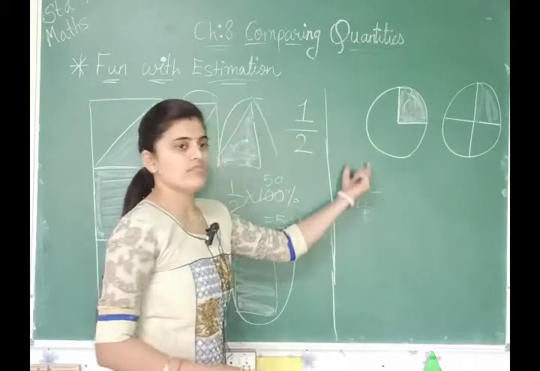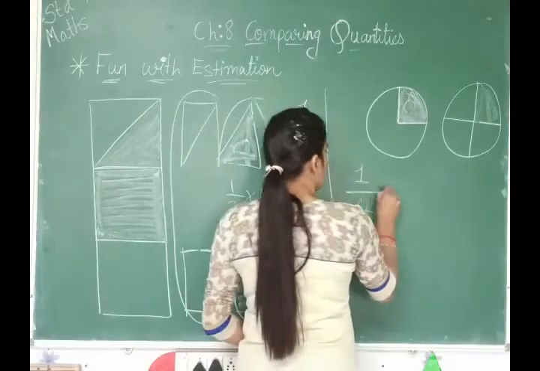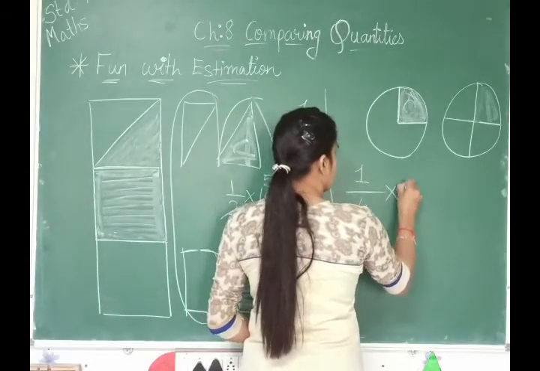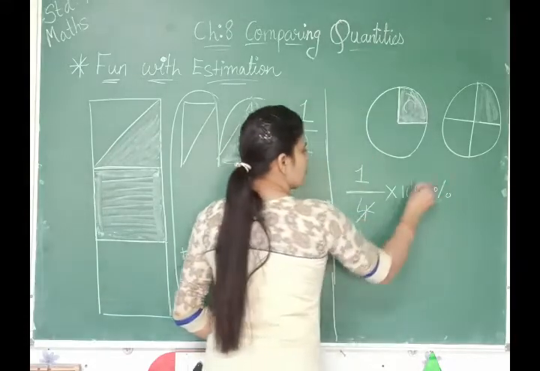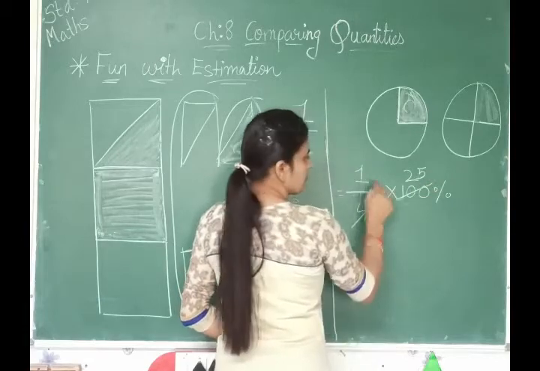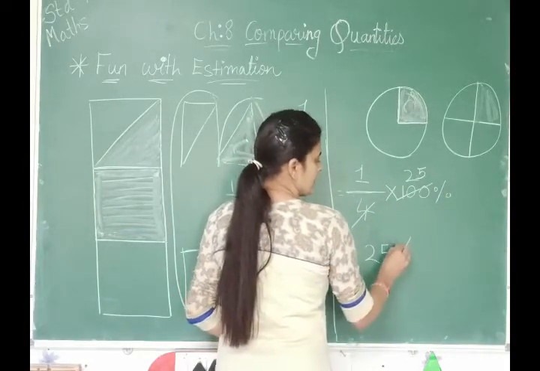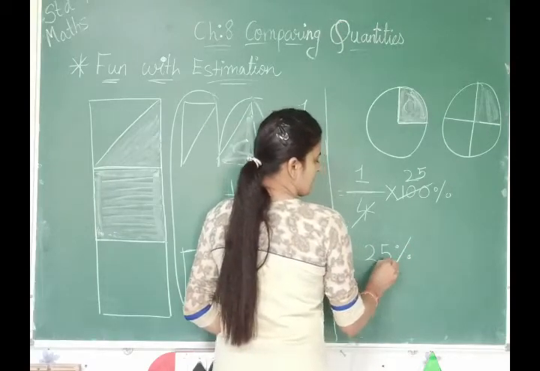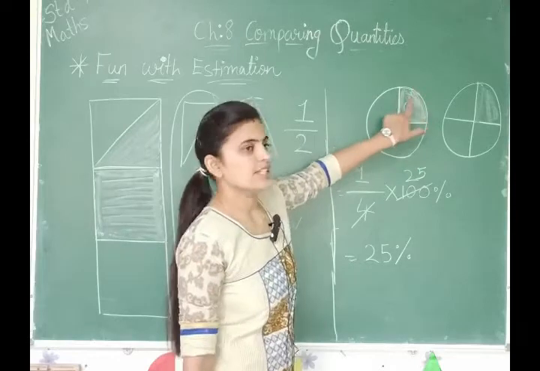So the fraction will be 1 by 4. What we will do? We will multiply it by 100%. That means 4 25s are 100. So the answer will be 1 multiplied by 25, 25, the percentage sign as it is. So 25%. In this whole, only 25% is shaded.